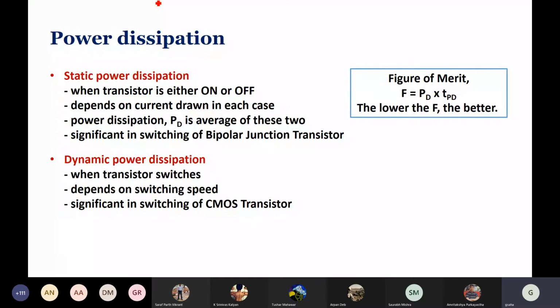For example, the one that we started with, for it being simple and easy to understand, where only resistance and transistor were used, we cannot continue with it for modern, current applications. One reason is the power dissipation, and we have to look for a suitable alternative. That is also very important.